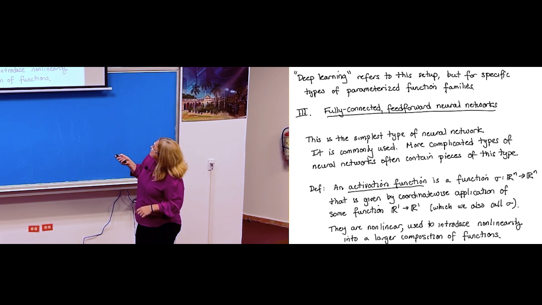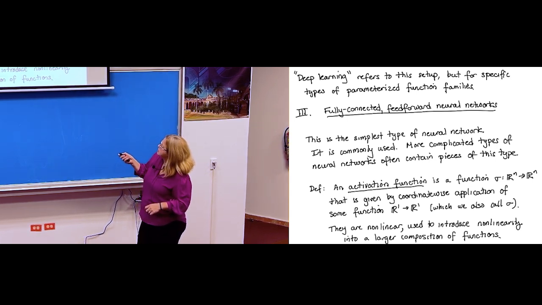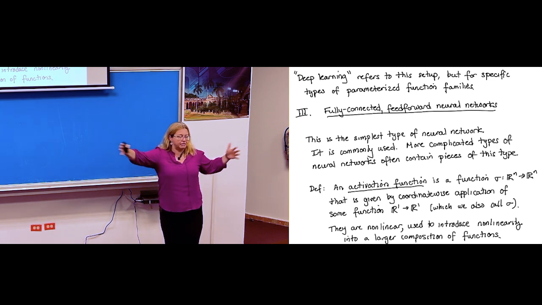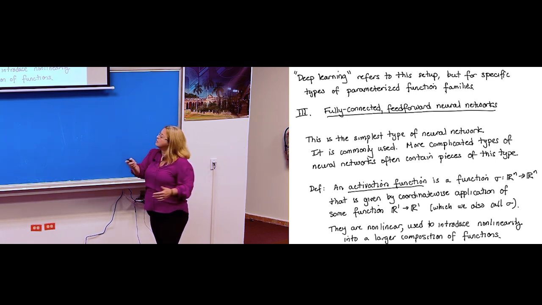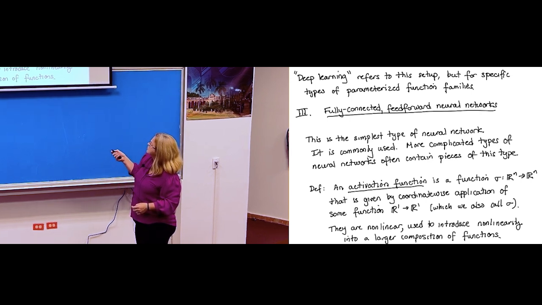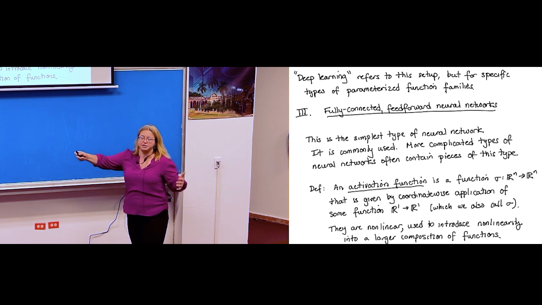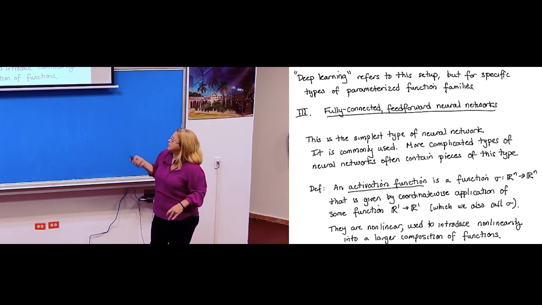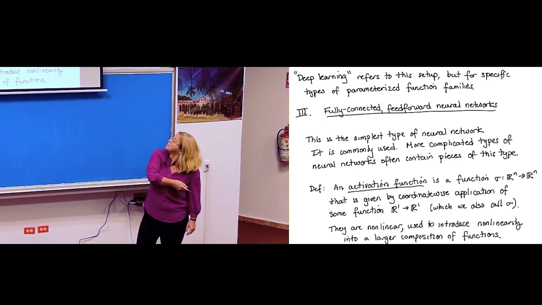So these activation functions are usually nonlinear, and the point of them is that when you're going to build a big composition of many functions, these activation functions introduce nonlinearity into your big composition. Okay, so that's an activation function. And now we can define.